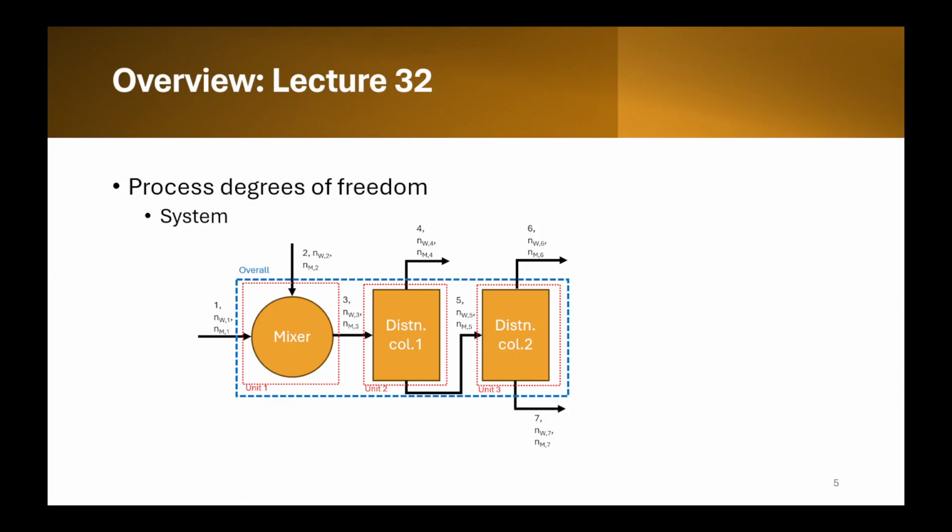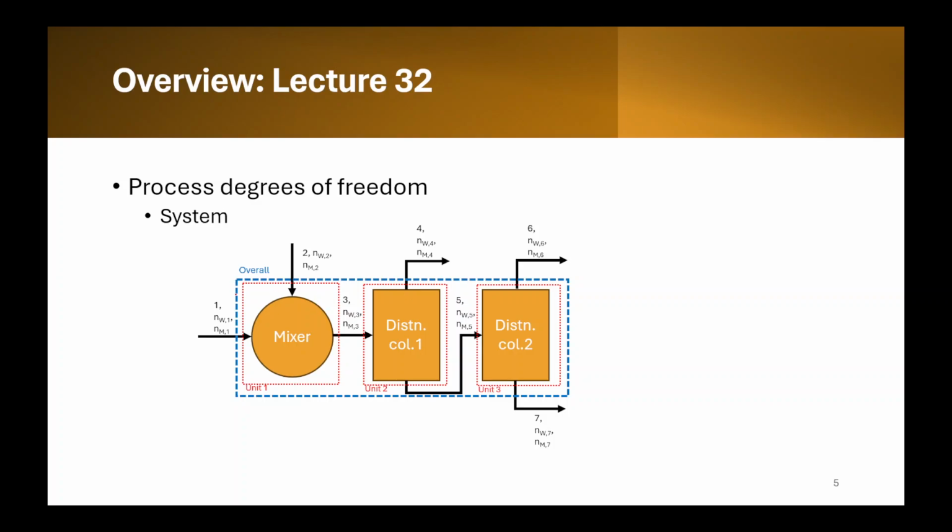Now, process degrees of freedom. What are they for a process? Suppose this is a system with a mixer and then two distillation columns, all attached in series. The degree of freedom analysis for a multi-unit system can be conducted for the overall system.